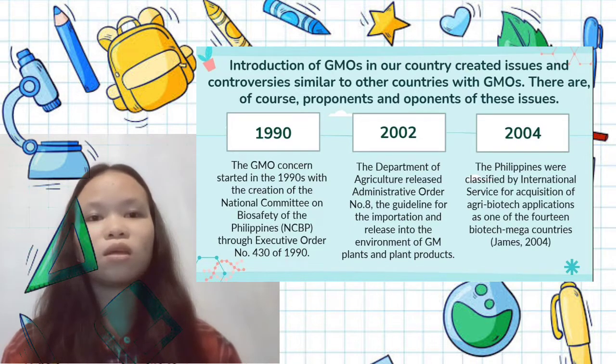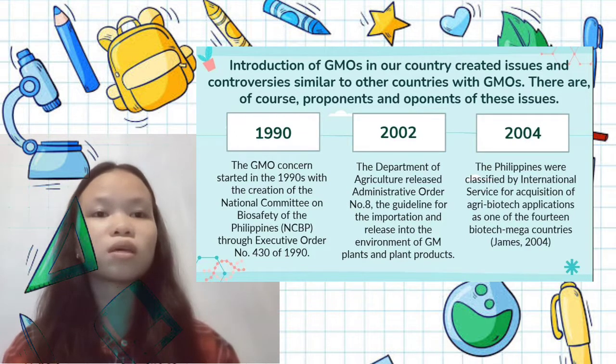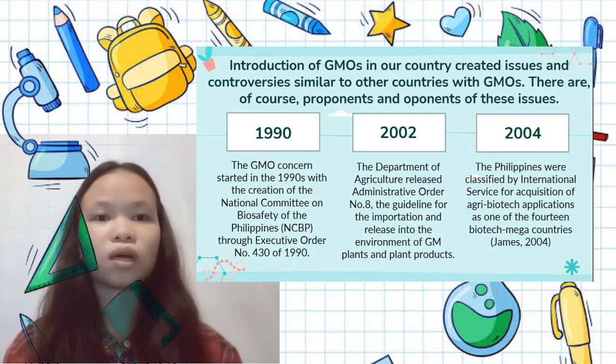In this slide, we have the dates and the events that have happened with regards to GMOs in the Philippines. First, in 1990, the GMO concern started with the creation of the National Committee on Biosafety of the Philippines through Executive Order Number 430 of 1990.